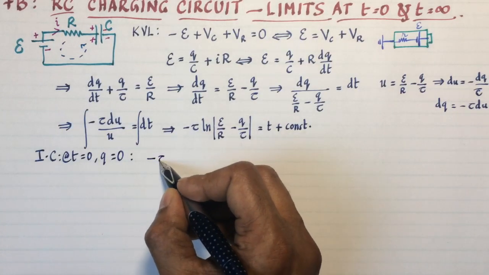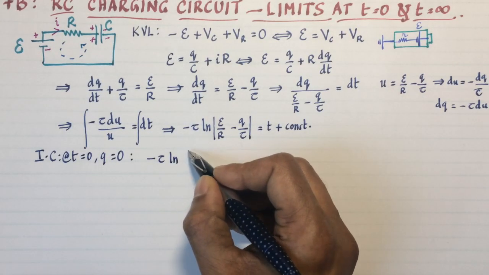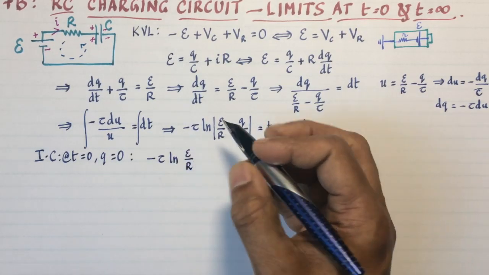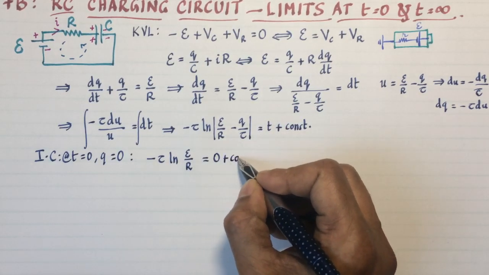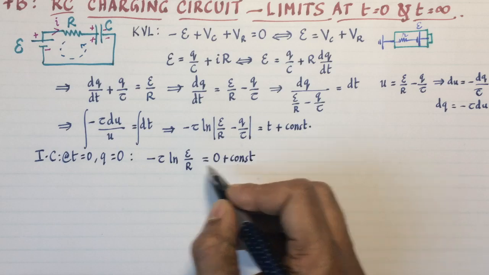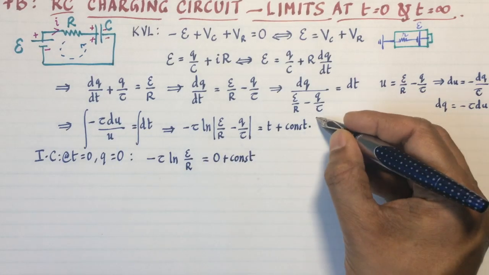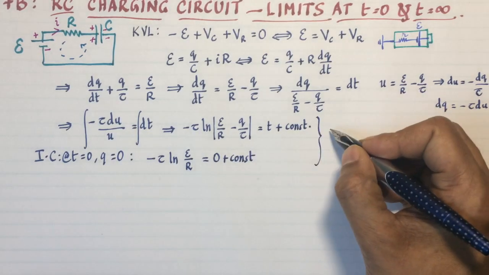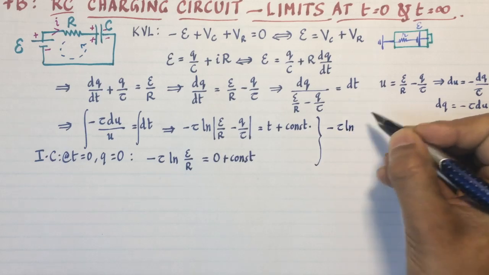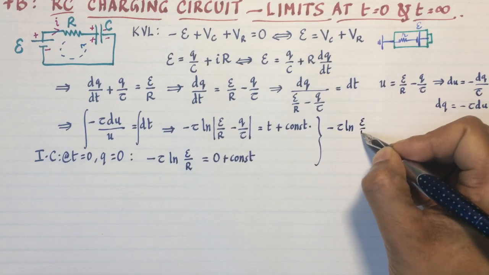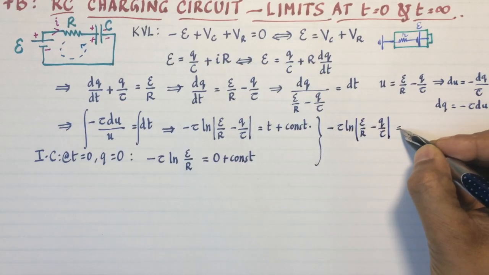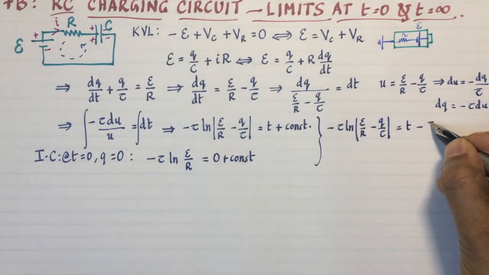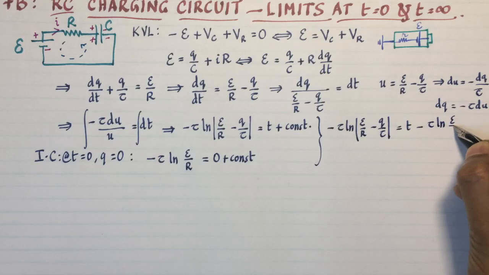So I get negative tau natural log of e over r, I don't have to put the absolute value signs, is equal to 0 plus constant, and that immediately tells us what the constant is. It's equal to that. Now I'll go back and substitute this up here. So I'll get negative tau natural log e over r minus q over tau equals t minus tau natural log of e over r.